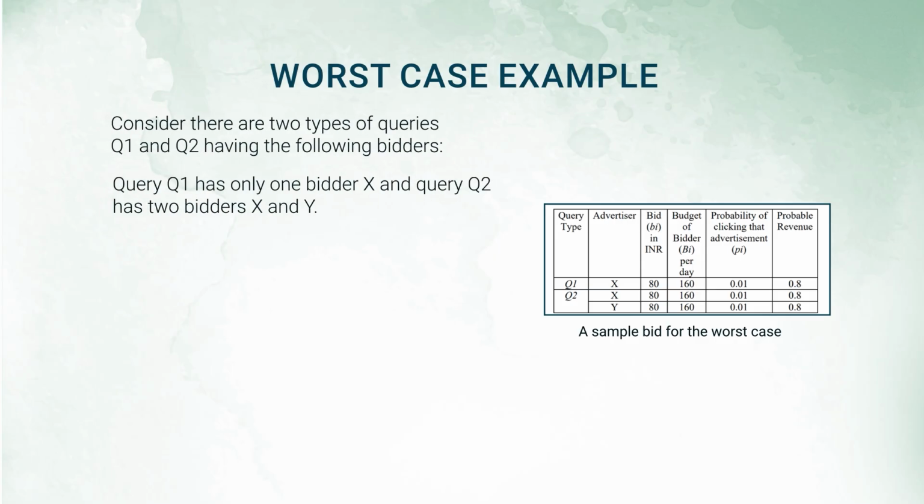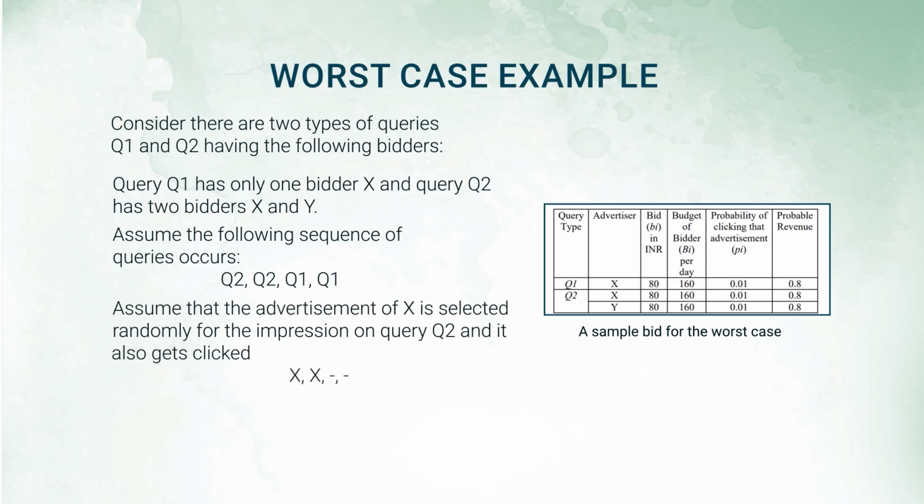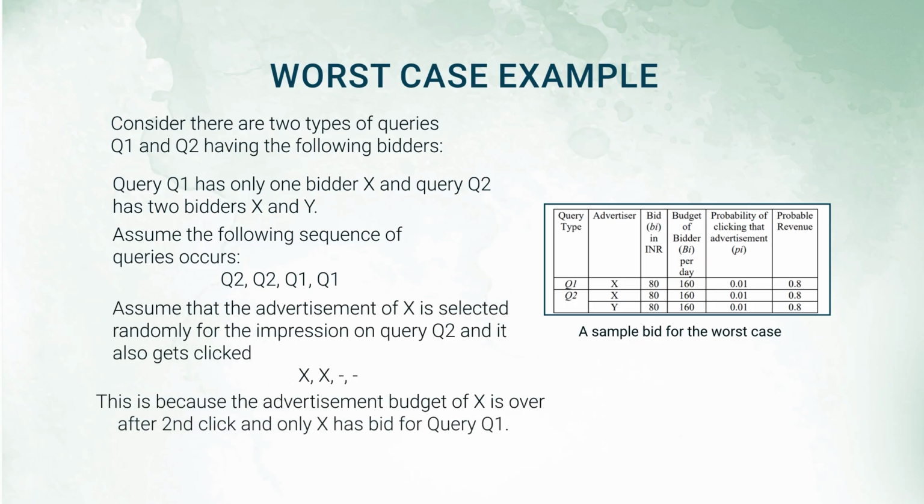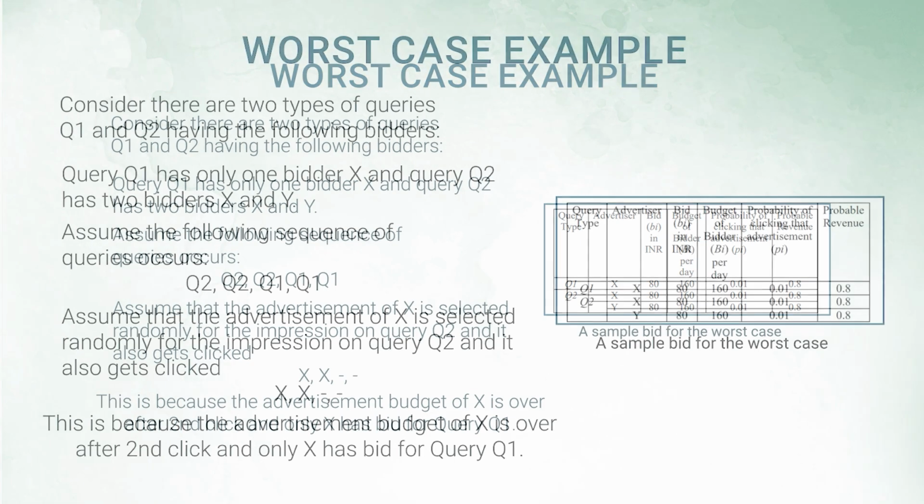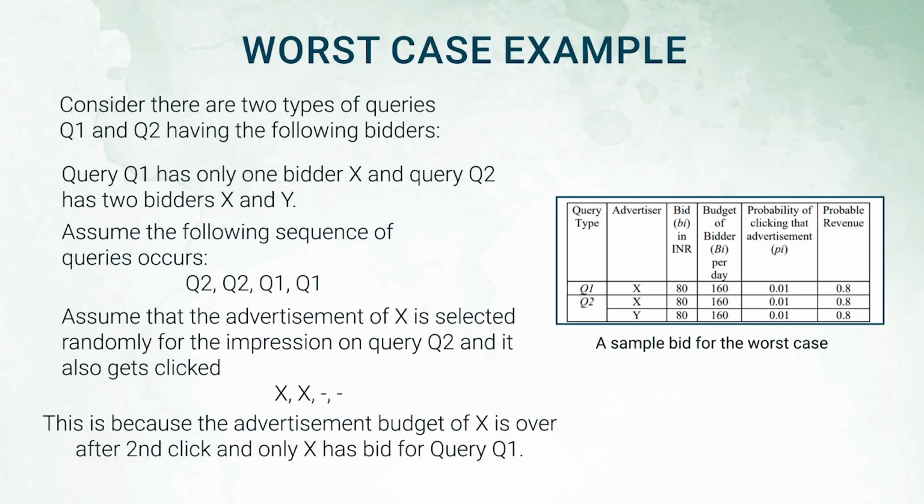In this example, consider there are two types of queries, Q1 and Q2, having the following bidders. Query Q1 has only one bidder X and query Q2 has two bidders X and Y. The same has been shown in the tabular form, where the first column is showing the query type Q1 and Q2, and the advertisers for those queries: X for Q1, and X and Y for Q2.